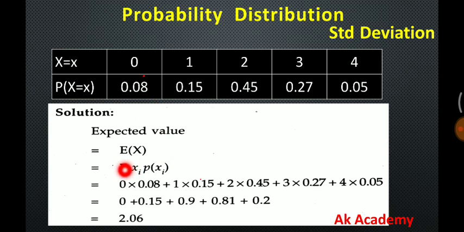According to the formula, summation means addition, so we multiply xi and pi: 0 times 0.8 plus 1 into 0.15 plus 2 into 0.45, 3 into 0.27, and 4 into 0.05. Solving it, you will get the answer 2.06.